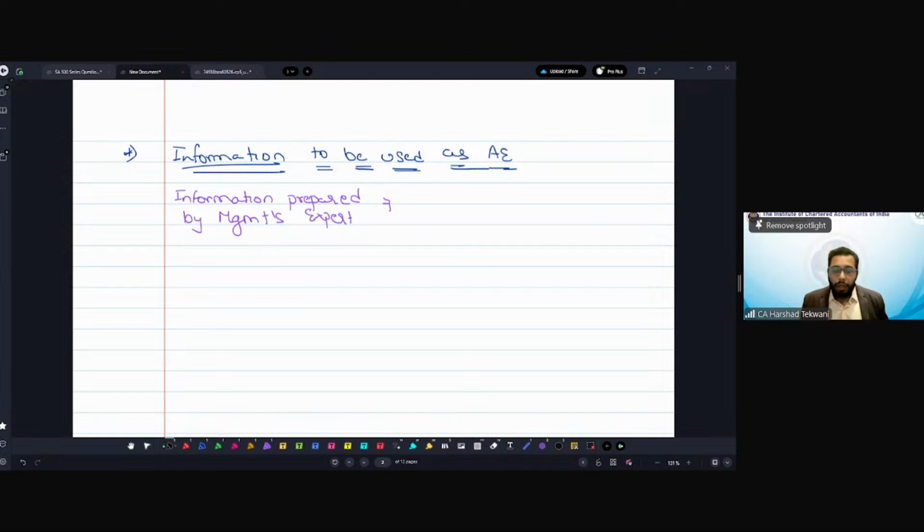So yes, you have correctly said that when information is prepared by the management expert, and we have already discussed this in detail, auditor's expert versus management expert, and we have seen some questions also. So what we are required to do, number one, we will evaluate the CCO of that particular expert.